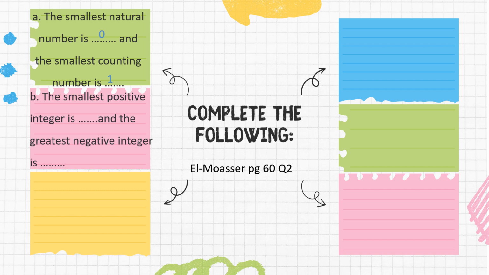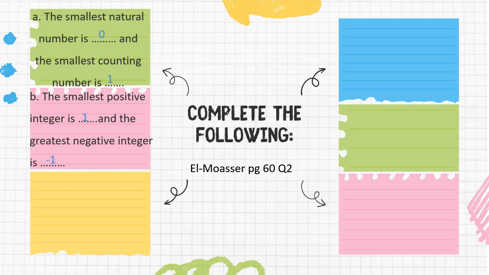The smallest positive integer, and take care of positive. The smallest positive integer is, and the greatest negative integer is. Who can tell me? Excellent. The smallest positive integer is 1 and the greatest negative integer is minus 1.